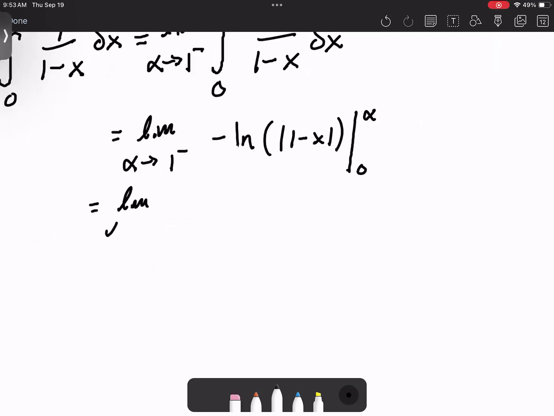All right, so we have our limit. Alpha will eventually get sent to 1 on the left-hand side, and I can get rid of that negative by switching the order of the integration, by switching my bounds. So I'll evaluate natural log at 1 minus 0 first, and then subtract natural log absolute value 1 minus alpha.